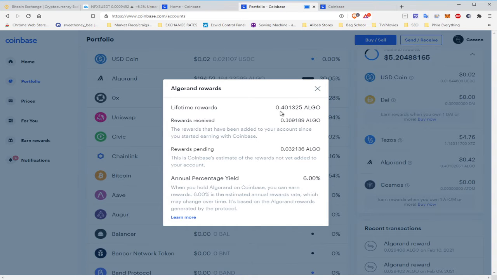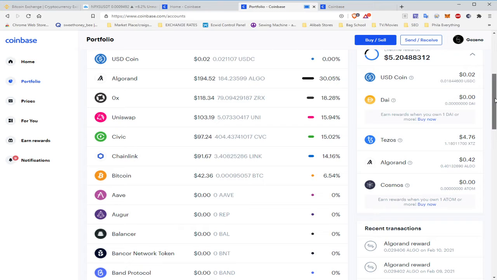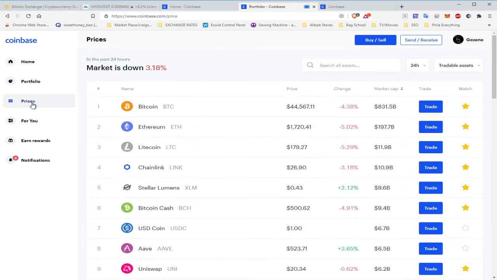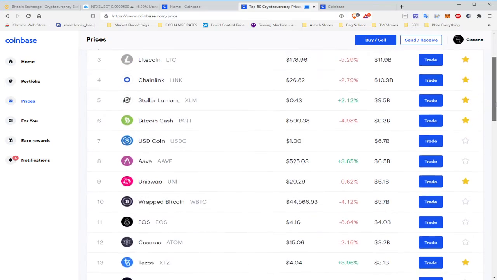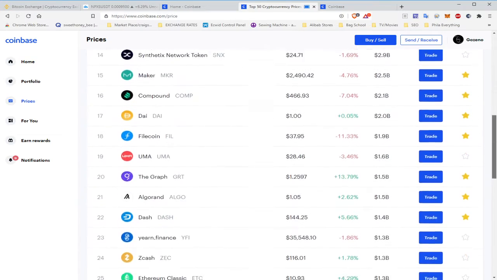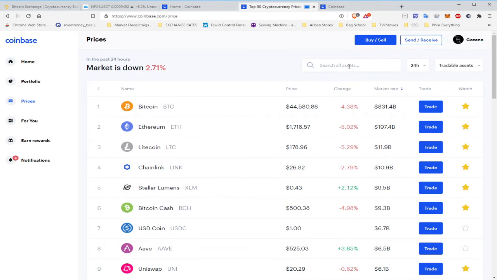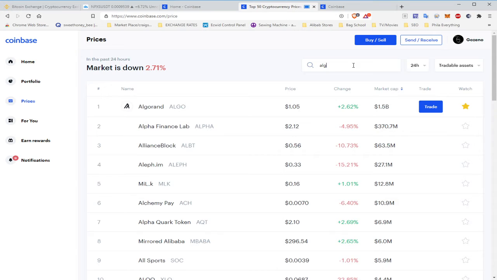So yeah, I earned a whole half of one in just maybe a couple of weeks of even owning it. And it was 27 cents a coin. So let's take a look at how much it is right now. Okay, so we're just going to type it in, ALG. There we go.